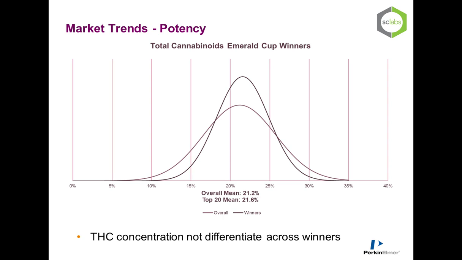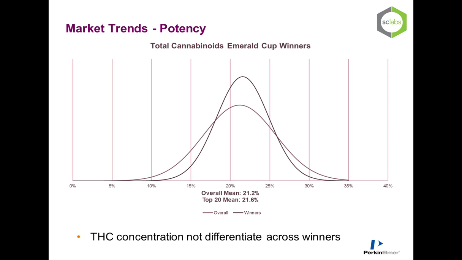And why are terpenes important? This is some data from a lab in California, SC Labs, and it shows that for the Emerald Cup, which is a significant event where a lot of cannabis and hemp samples are categorized and judged, we see that the mean difference for the cannabinoids between the winners and the overall is similar.